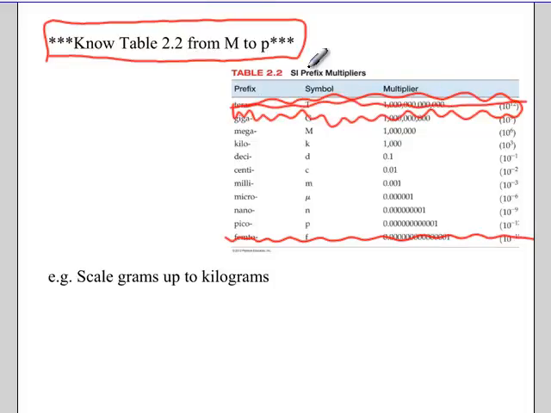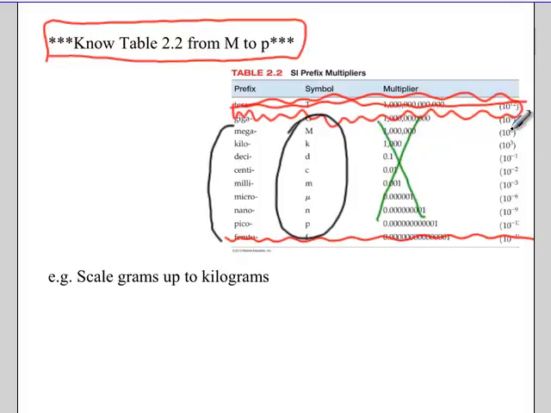When I say know this table, you have to know the prefix in both written out form and the symbol. And you need to know what the value of that symbol is. This column shows normal notation, but I recommend that you learn these in scientific notation.